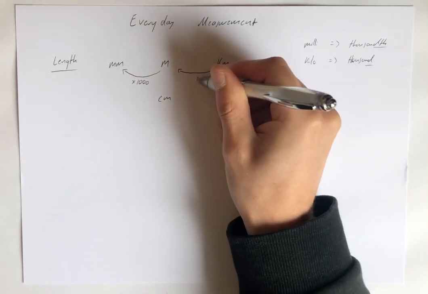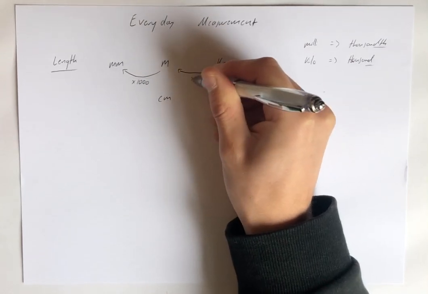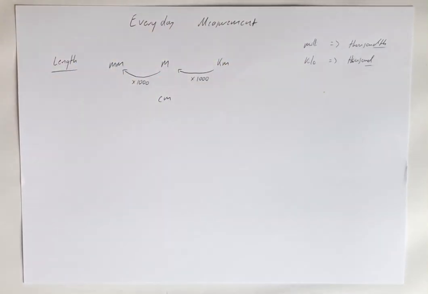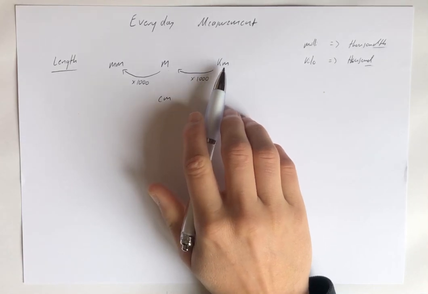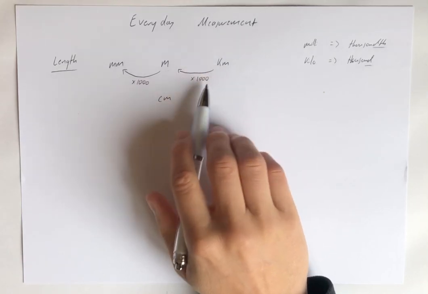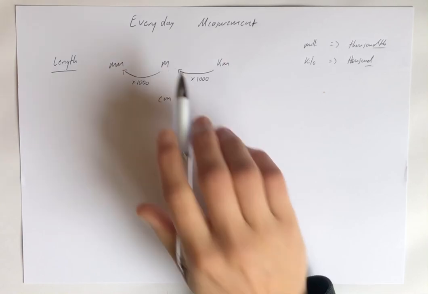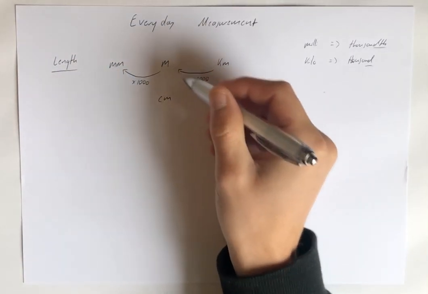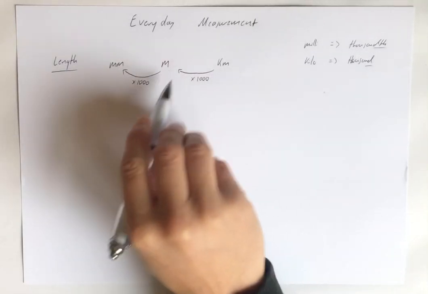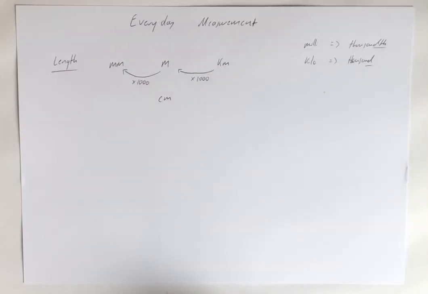Well, it's 1,000. So I must times by 1,000 when I go from kilometers to meters. If I had 4.5 kilometers, I have 4,500 meters. So you can actually go from kilometers to meters and then down to millimeters. You could do a double conversion all the way down.